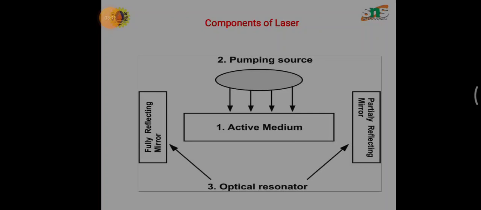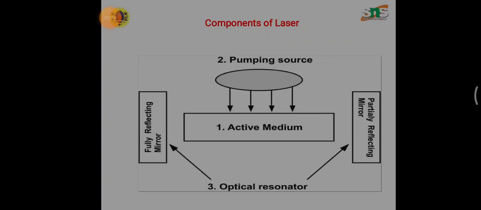At this stage, a spontaneously emitted photon, called a stimulating photon, is incident on the excited atoms in the active medium and initiates stimulated emission. The light emitted due to stimulated emission stimulates more atoms in the active medium to come from the excited state to the ground state, and hence more photons are emitted from the active medium. Thus amplification of light begins.